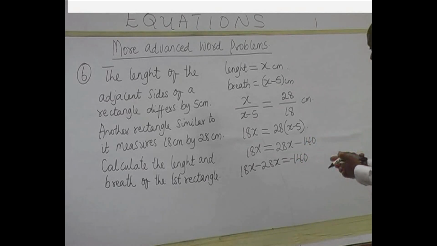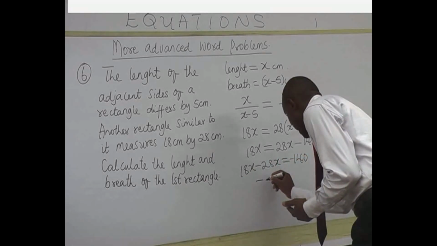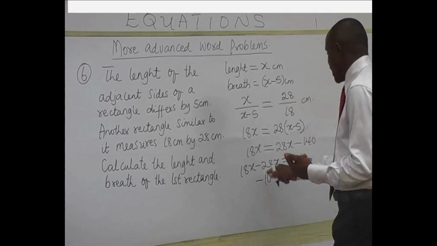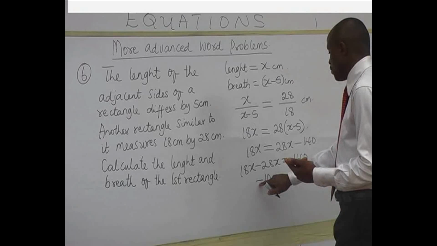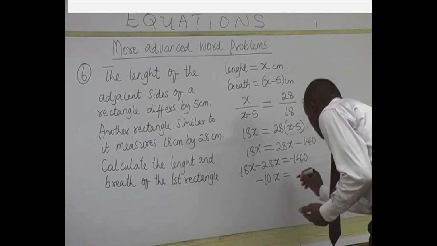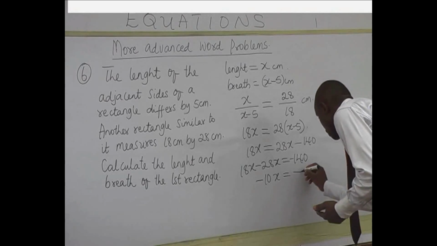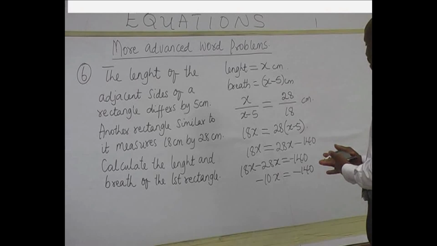Subtract 28 from 18. You are going to have minus 10. It's just like subtracting 18 from 28. Whatever you have should be a minus. We have minus 10x on the left-hand side of the equation, which is now equal to minus 140. Divide both sides by minus 10.